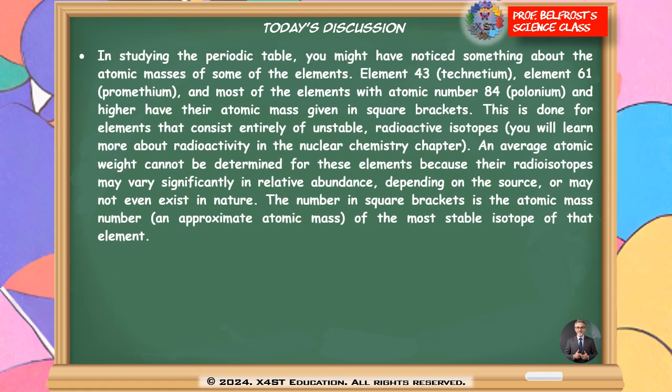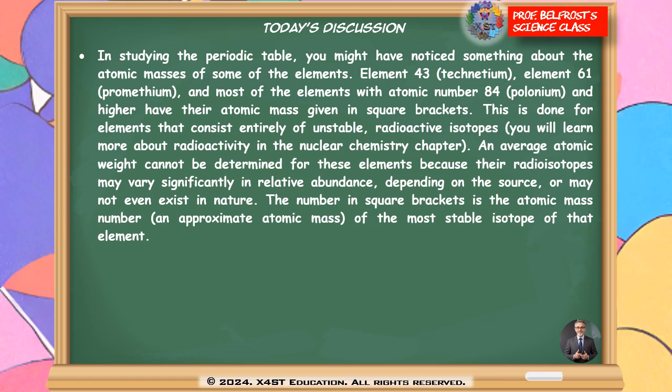Studying the periodic table, you might have noticed something about the atomic masses of some of the elements. Element 43, technetium, element 61, promethium, and most of the elements with atomic number 84, polonium, and higher have their atomic mass given in square brackets. Why? This is done for elements that consist entirely of unstable radioactive isotopes.